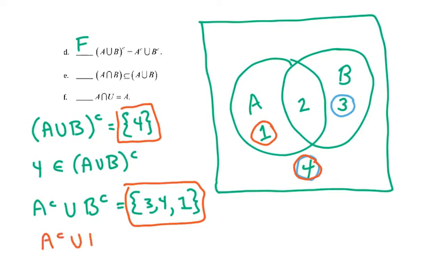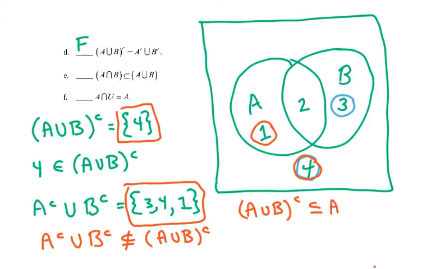A complement union B complement is not a subset of A union B complement. Of course, A union B complement is a subset of A complement union B complement, but that's not what we were looking for. We need both directions to get equality.